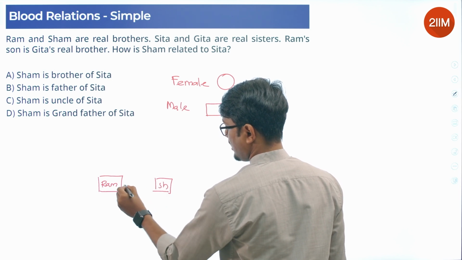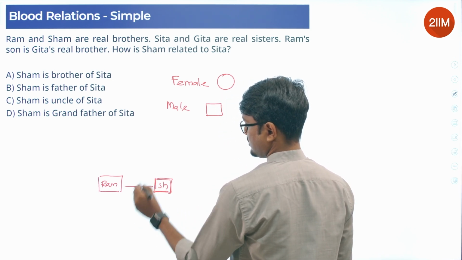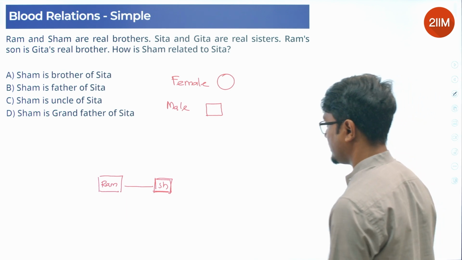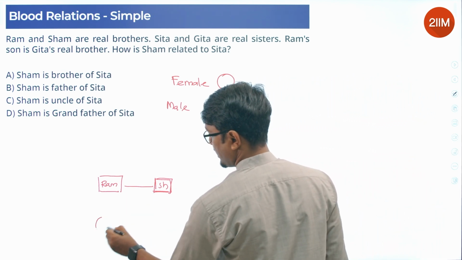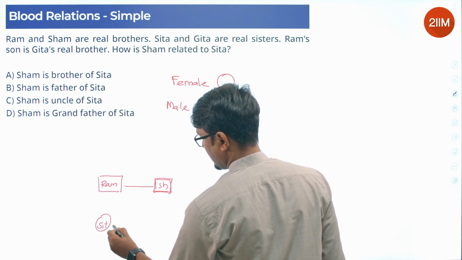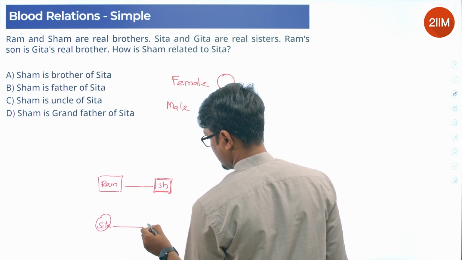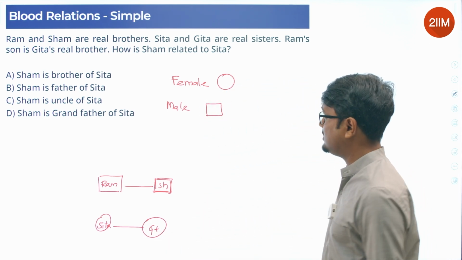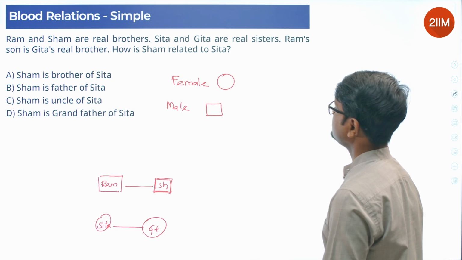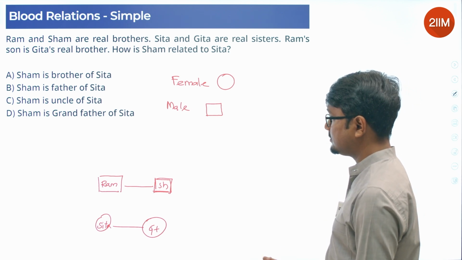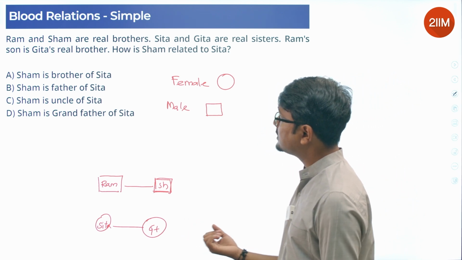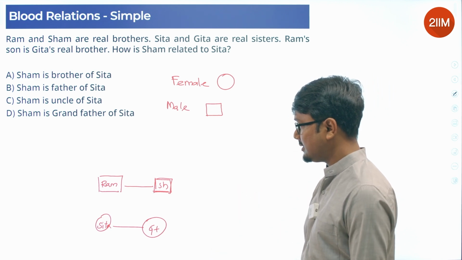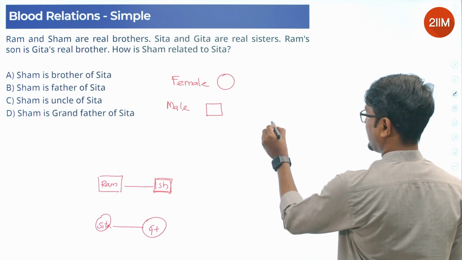So Ram and Sham are real brothers. Okay. Sita and Geeta are real sisters. Okay, Sita and Geeta. One more data. I have written GT for Geeta. Geeta and Sita are real sisters. Ram's son. So Ram's son is Geeta's real brother. Ram has a son. Okay, okay. So it should be like this.